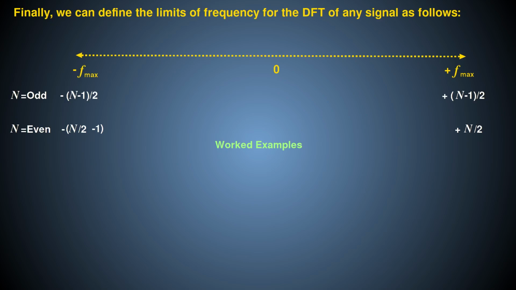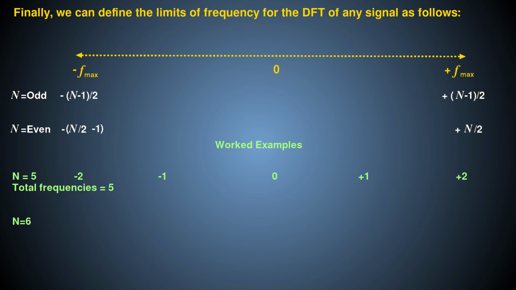First, consider a signal with an odd number of samples, such as n equals 5. The frequency range is -2, -1, 0, +1, and +2, which makes a total of 5 frequencies, the same number as the number of samples in the signal. Now consider a signal with an even number of samples, like n equals 6.